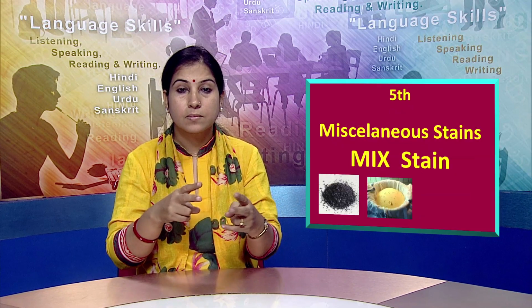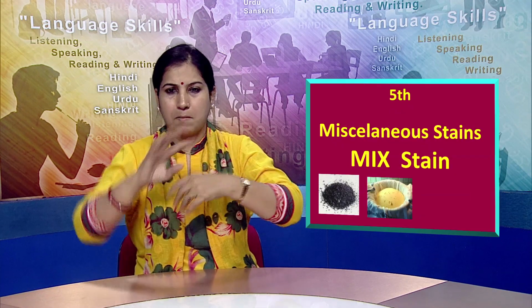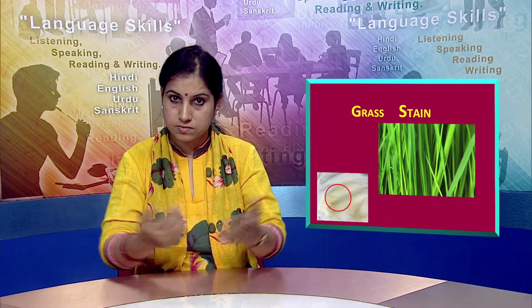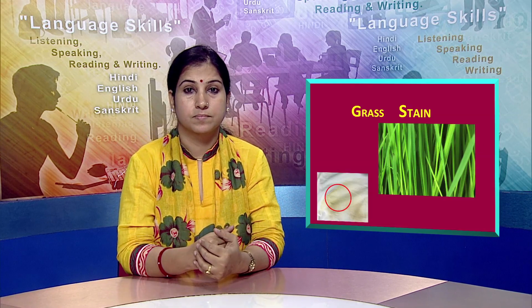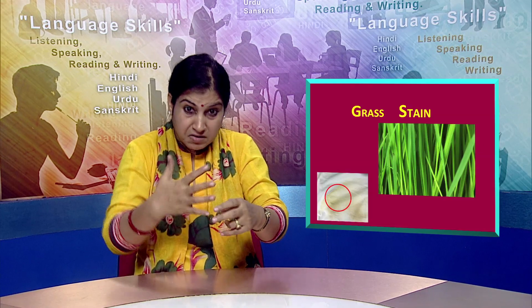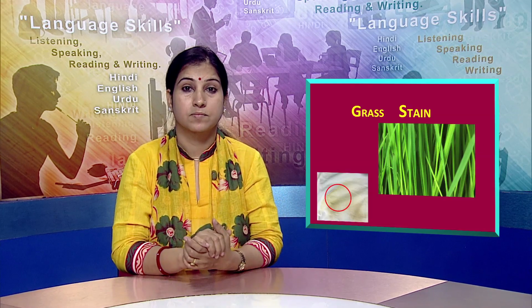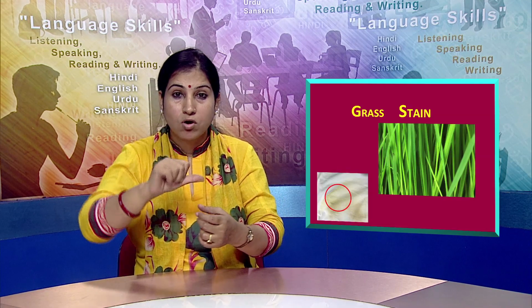Miscellaneous stains, fifth type of category. Grass. For white cotton clothes, if the stain is fresh, then wash with soap and water.